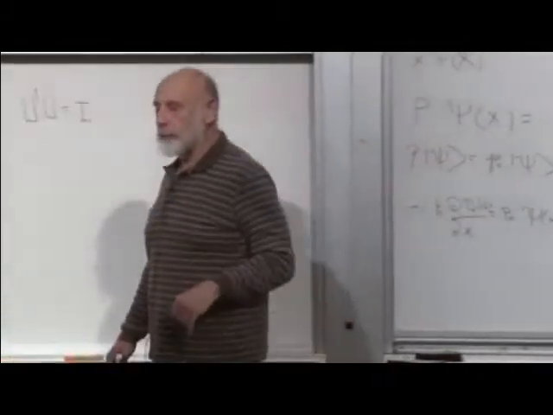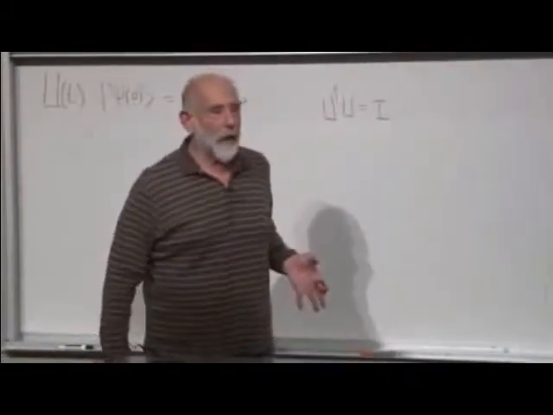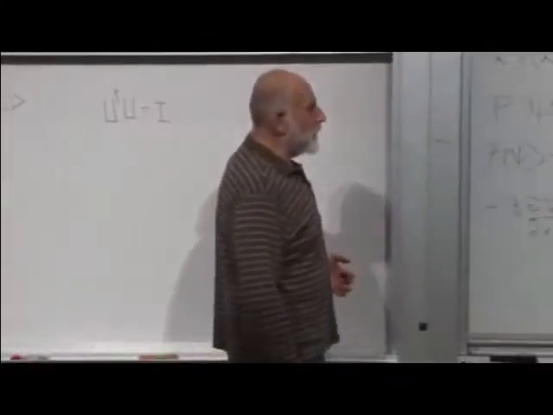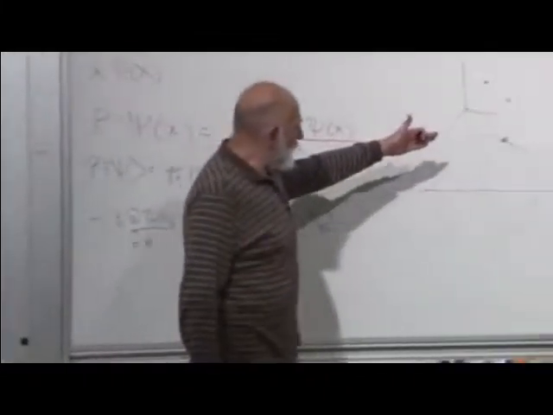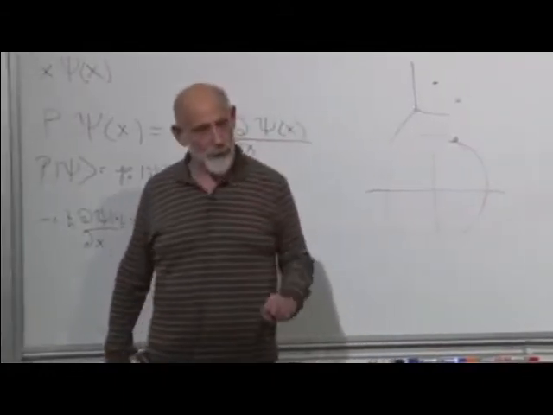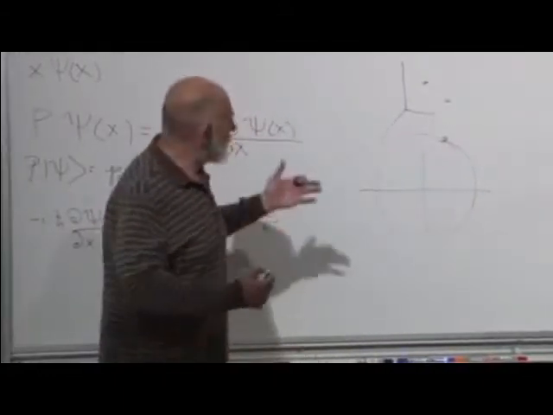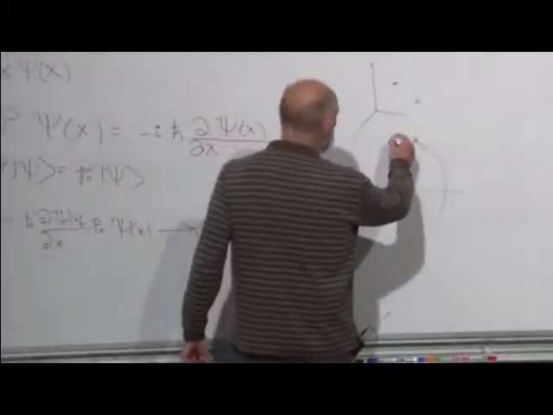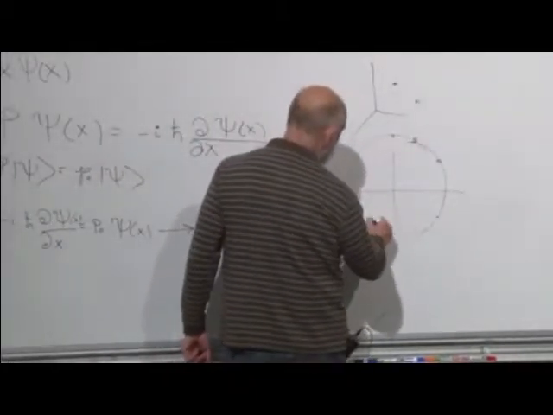The unitary operators are the analogs for operators of phases. Their eigenvalues are all phases. So if I have a unitary operator and I look at its eigenvalues, they will be points sprinkled around on the unit circle.